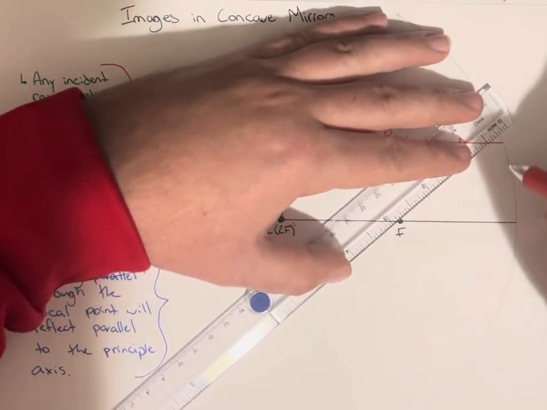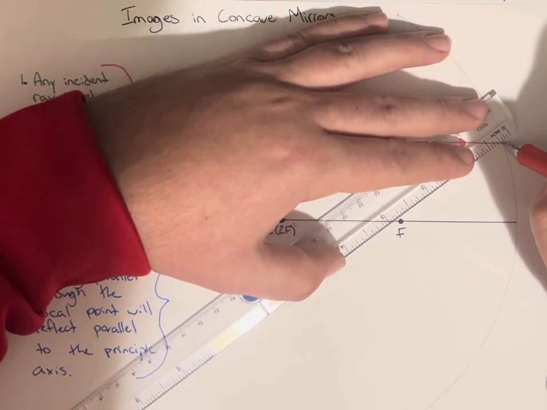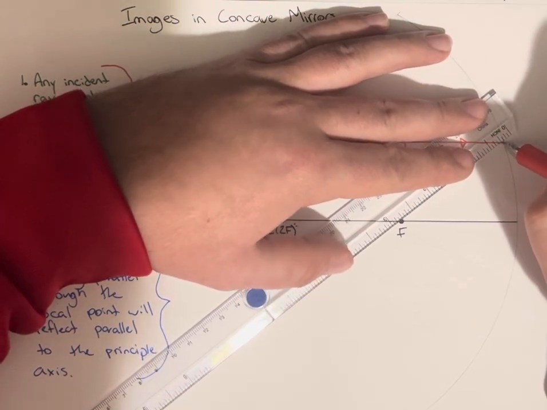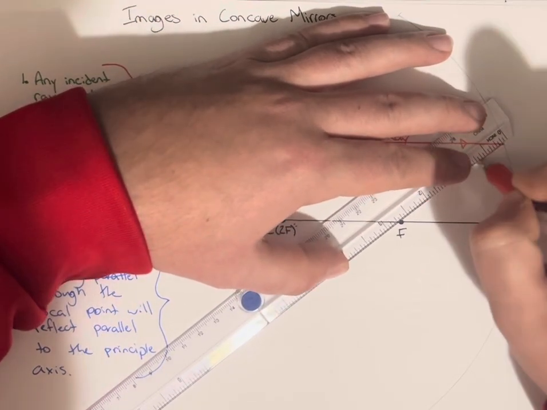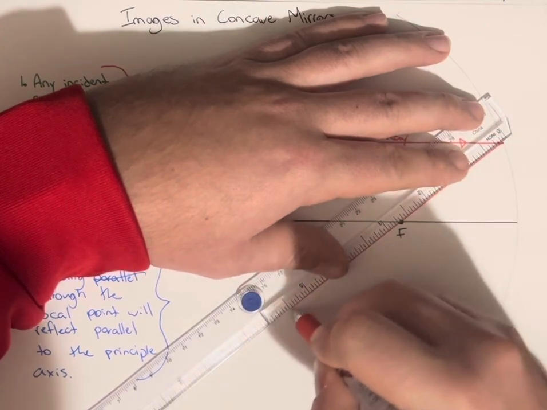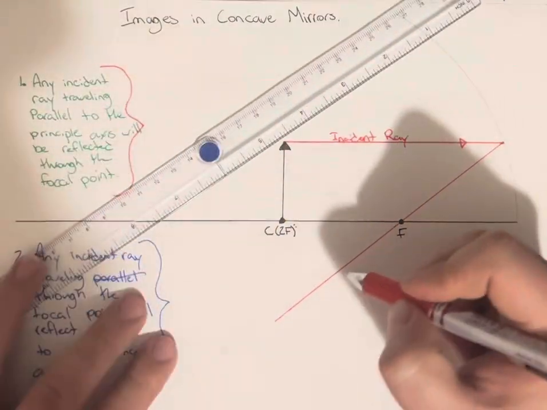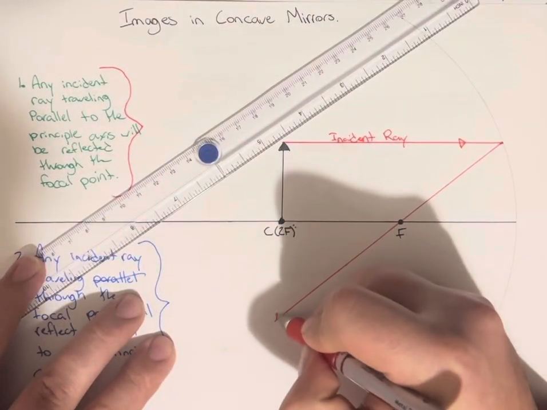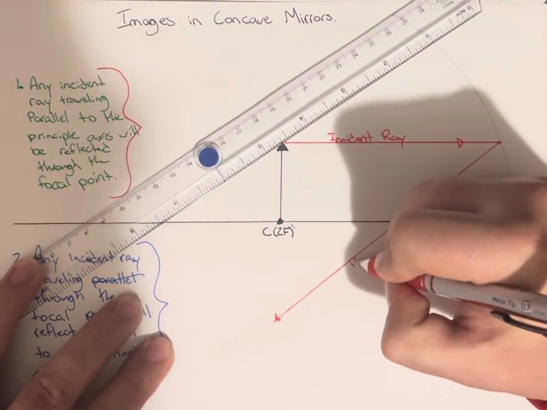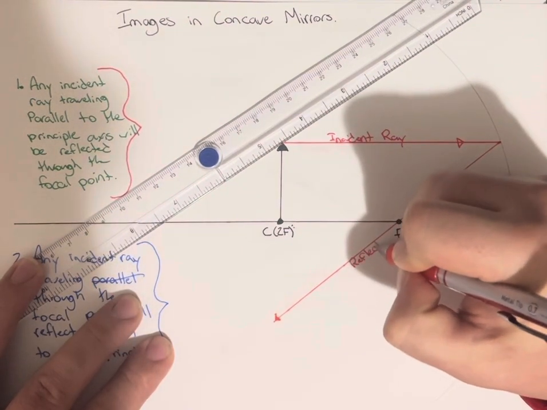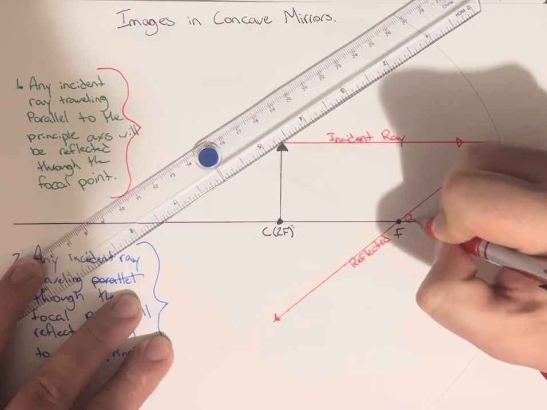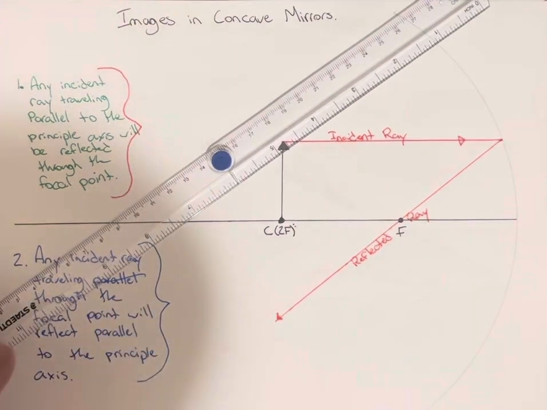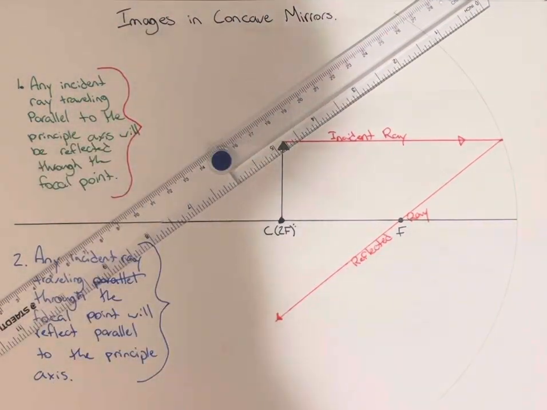So I can take from the point where that incident ray is going to contact the mirror, and I'm going to reflect that back directly through my focal point. And again, I'm going to put a little arrow on it, just so I know that that is a reflected ray.